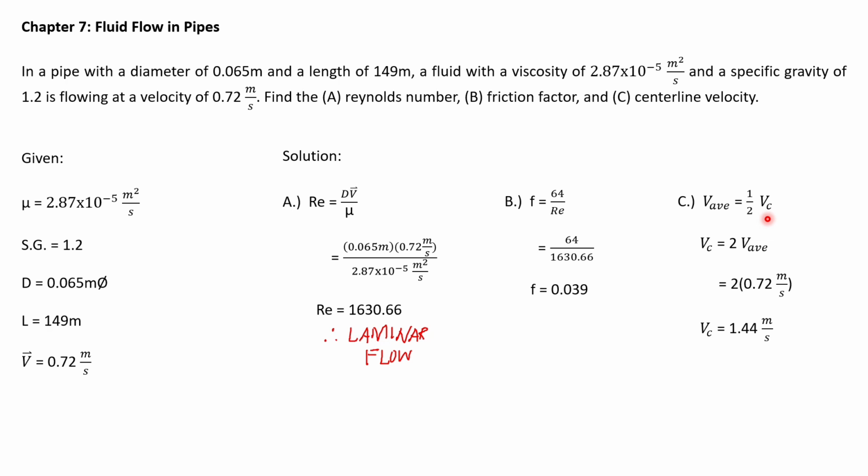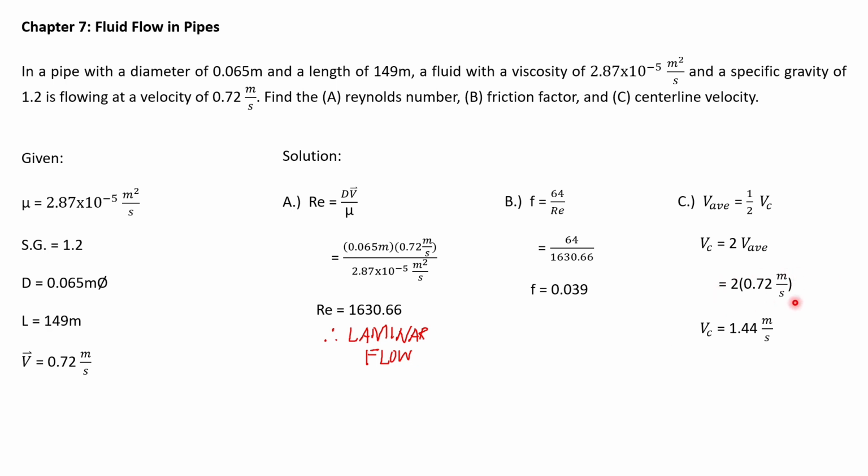So in short, to solve for V sub C, V sub C is simply equal to twice the average velocity. Substituting the givens into this equation, we will have 2 times the velocity which is 0.72 meters per second.